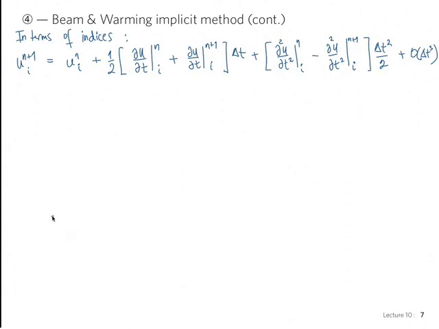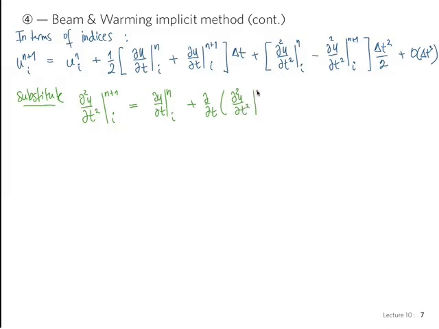So now we're going to substitute the second order derivative by a Taylor expansion: du/dt at n and I plus d/dt of the second order derivative at n and I times delta t.